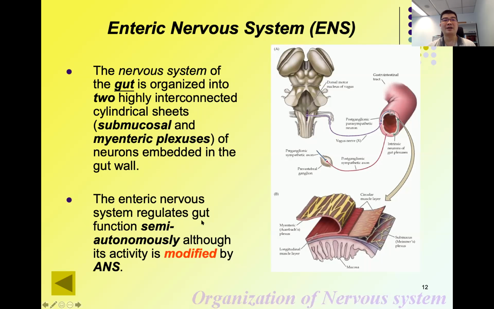So the gut actually is semi-autonomous, and it can be modified by the autonomic nervous system. Now, first of all, what does it mean? In the intestine or in the gut, there are those two circles. They are muscle as well. Okay. So if you still remember from biology or physiology, do you still remember the so-called peristalsis? Do you remember?